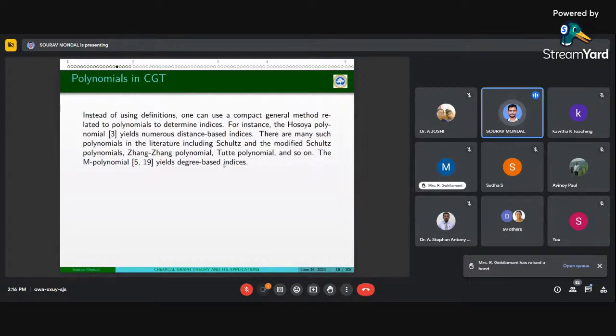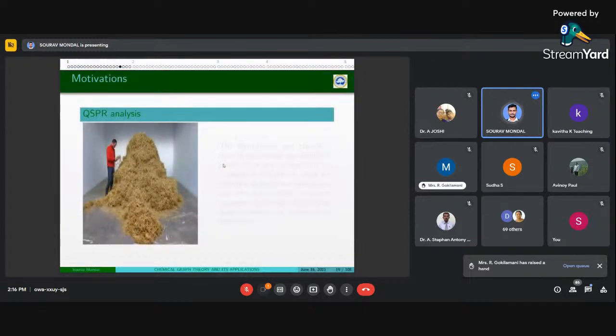Now we are going to discuss some of our contributions to chemical graph theory. Its motivations are as follows. The QSPR analysis, quantitative structure property relationship analysis. Synthesis and characterization of compounds for drug design is like finding a needle in a haystack.